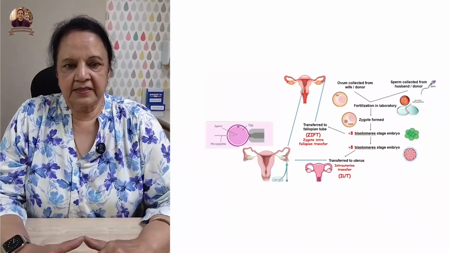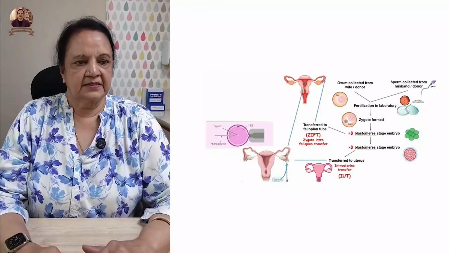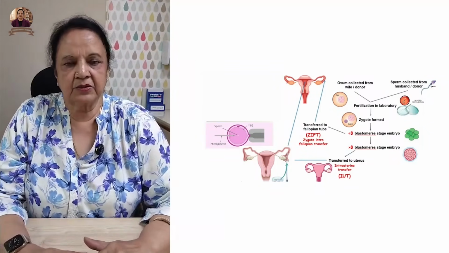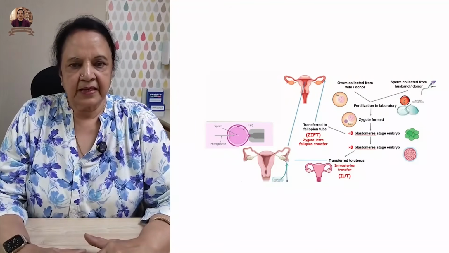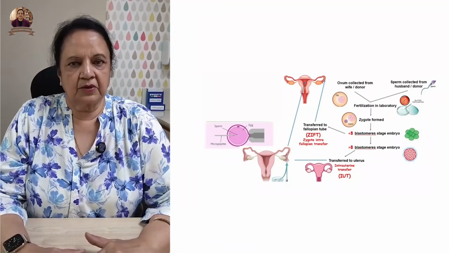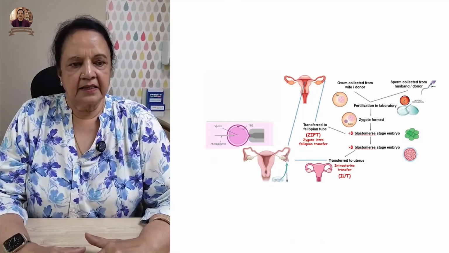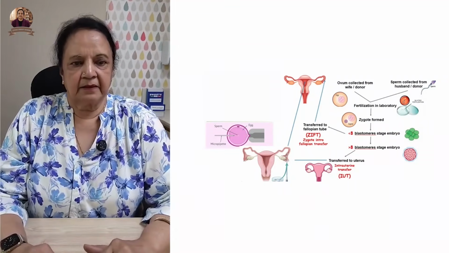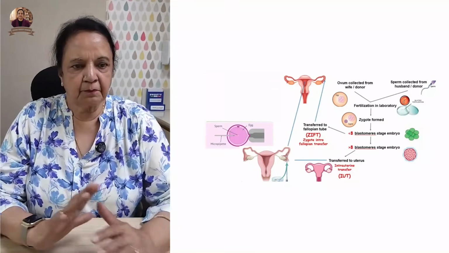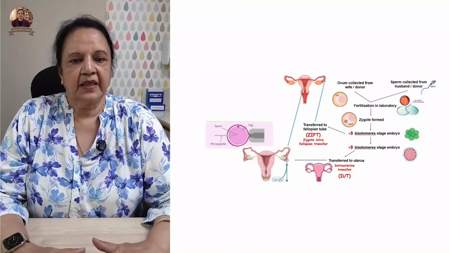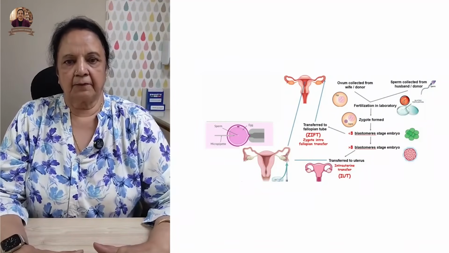For couples facing infertility, medical science offers several solutions known as assisted reproductive technologies, ARTs. These techniques help in bringing the sperm and egg together in a controlled environment.